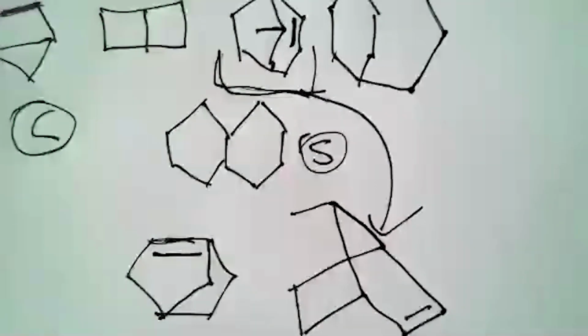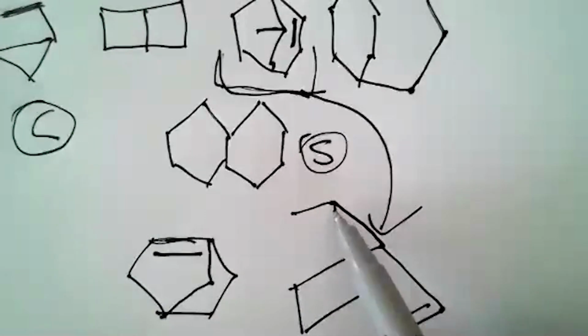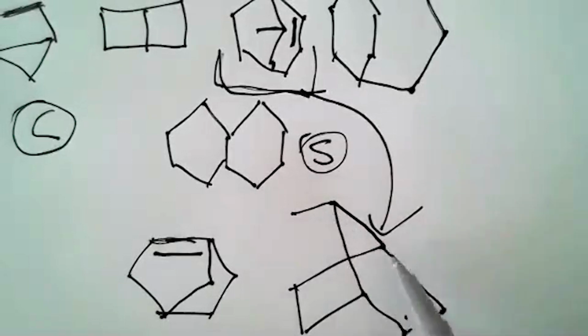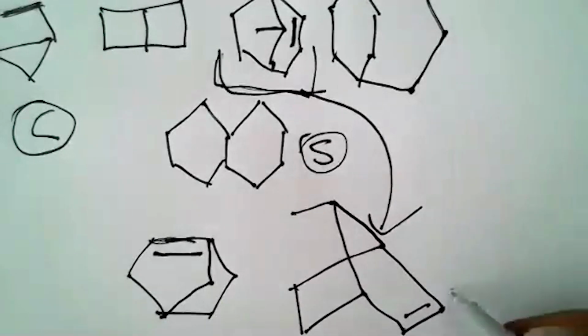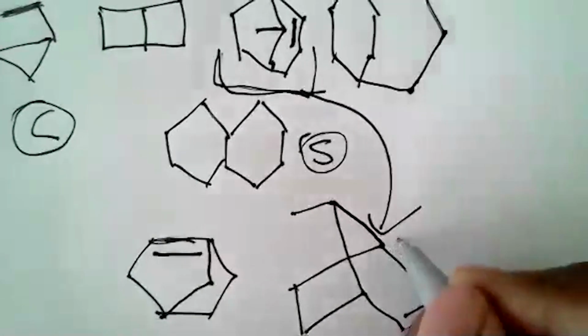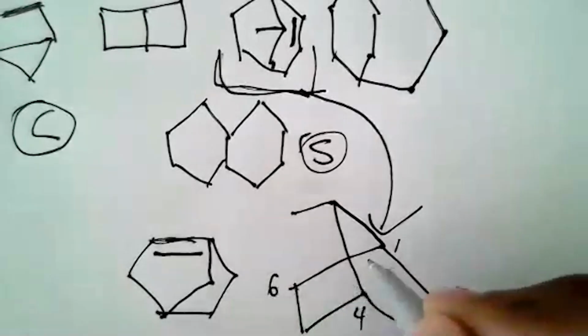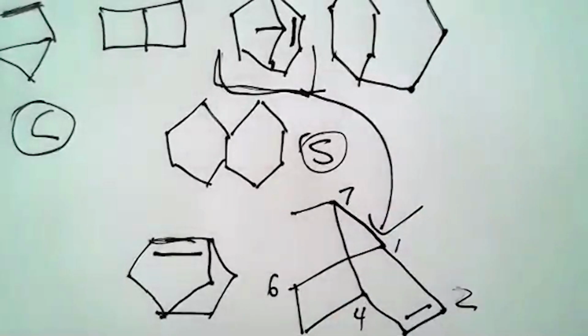Okay, so Maria is on the right track. She said heptene, because this is 1, 2, 3, 4, 5, 6, 7. It's a hept, and it's a 2 because the double bond is at the second carbon over here. So it's a heptene. So 1, 2, 3, 4, 5, 6, 7.